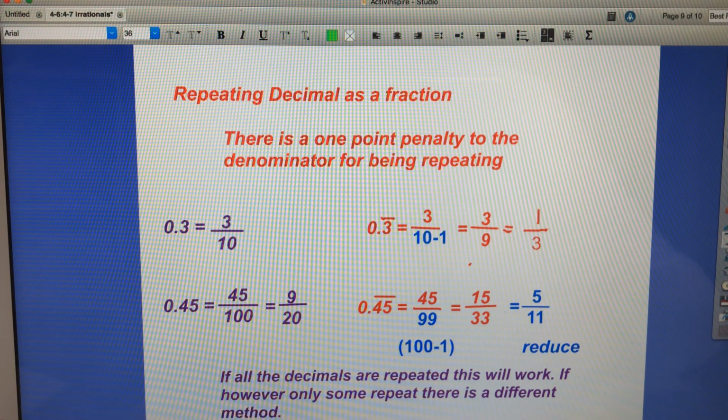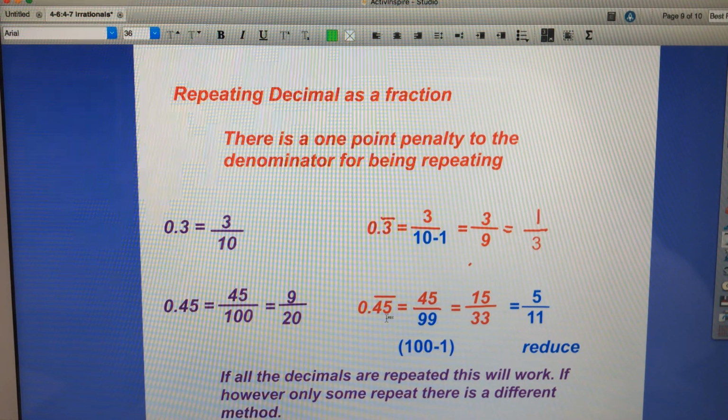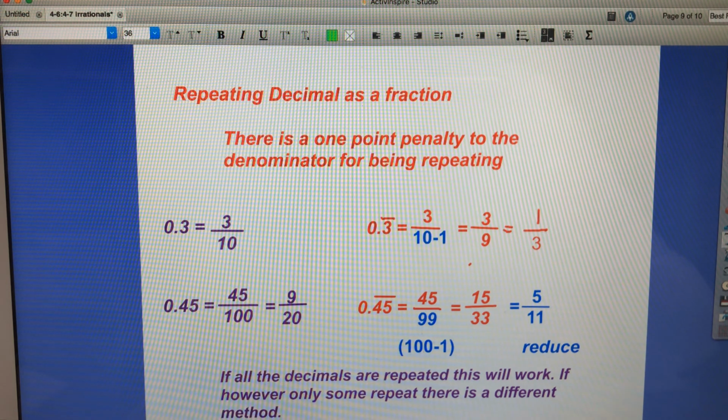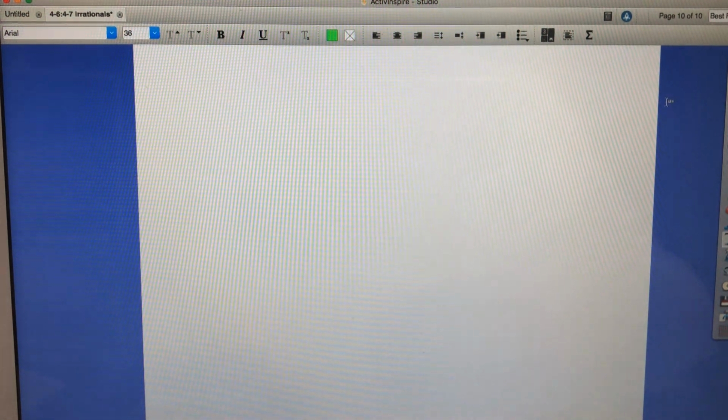But it is different. So use this information on a test. If one of the answers is 5/11, you know that's because both repeated. So don't choose that as one of your answers. That's it. Bye now.